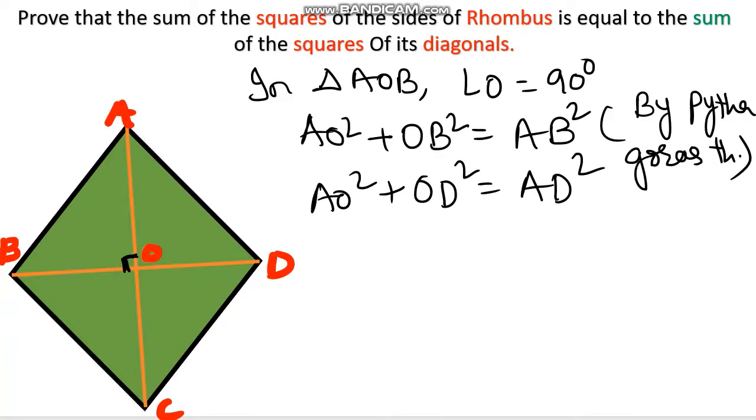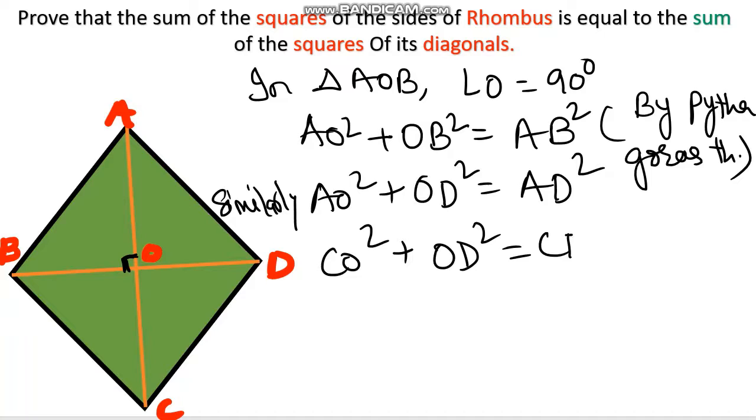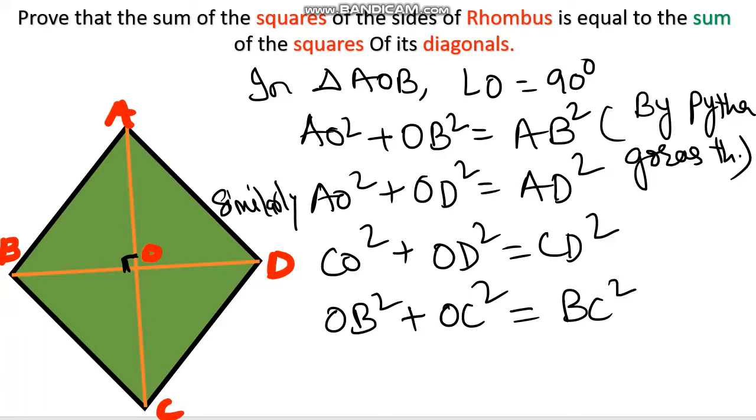Again, in triangle COD, CO square plus OD square will give you CD square. Then if you consider triangle BOC, you will get OB square plus OC square equal to BC square. Now we have four equations.